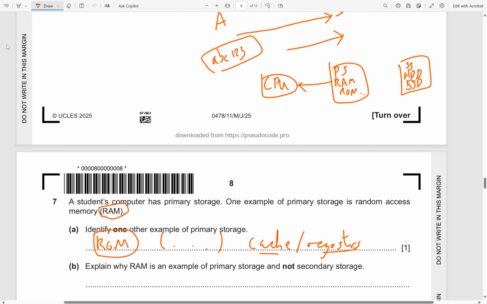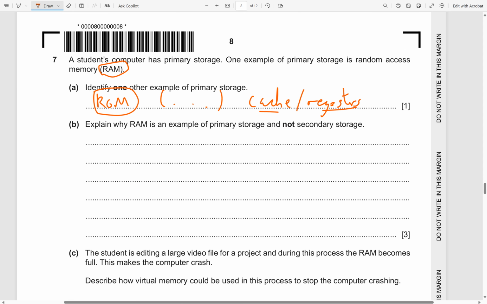However, if we have something in secondary storage, in the hard drive or SSD, we generally can't go directly from there to the CPU. Instead, we first have to go from the hard drive into RAM, then from the RAM to the CPU. So of course that's going to be slower.